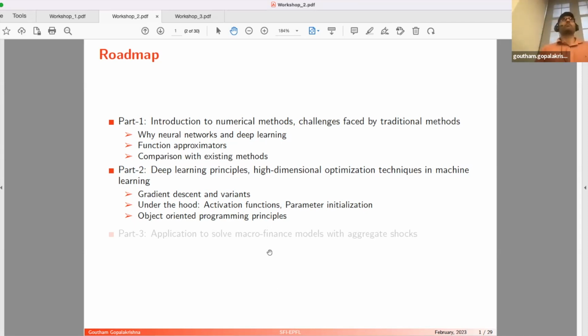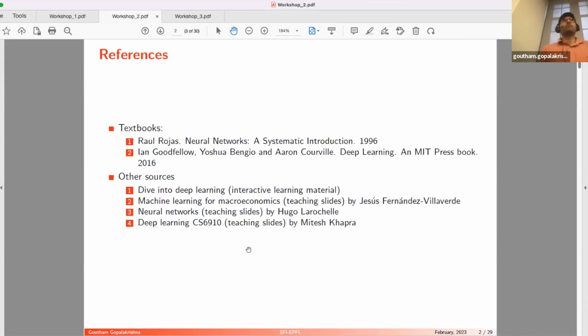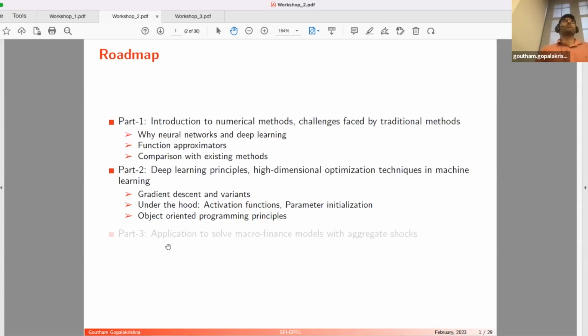But before going into the code, we'll first think carefully about what kinds of PDEs we normally encounter in macrofinance and how we can approach them using the tools that we learned in the first two parts. All right, same references as yesterday for the first two parts, and for the third part, I will provide references later in the third file here.